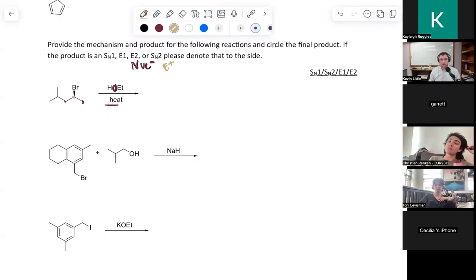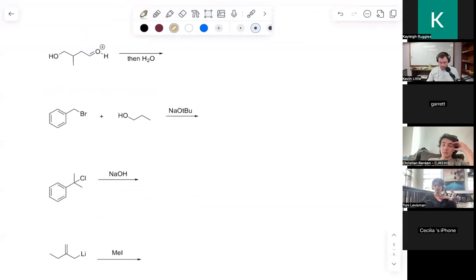So, if my electrophile is an alkyl halide, then I'm in SN1, SN2, E1, E2 territory. That's where I stop and I say, okay, we can do four things to an alkyl halide: an SN1, SN2, E1, or E2. But don't be in robot mode.